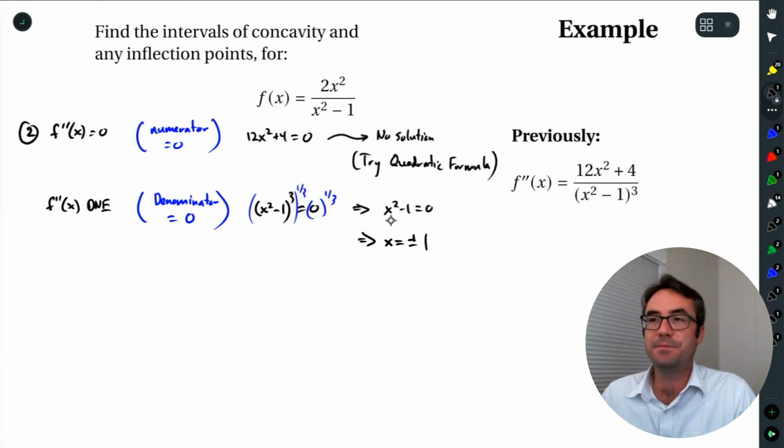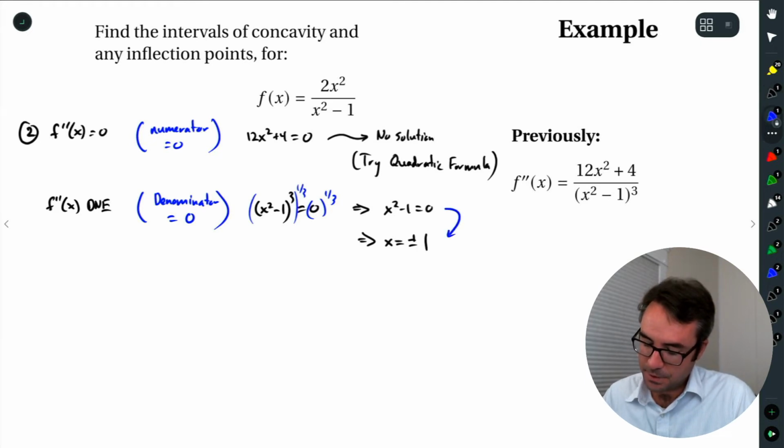So, you can think of it as add 1 to the other side. So you have x squared is equal to 1. And then when you do the square root, whenever you apply the square root while you're solving, remember the plus or minus in front. So think x squared is equal to 1, and then you apply the square root.